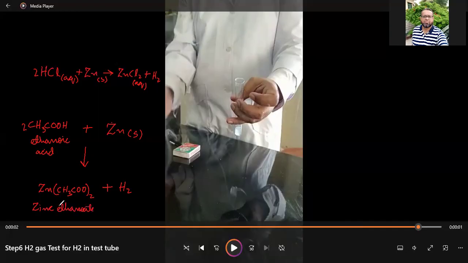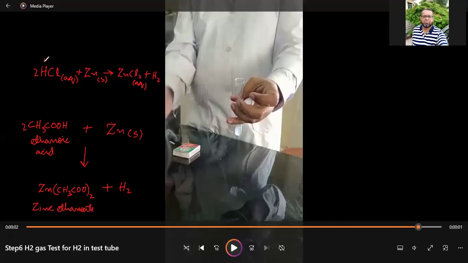So actually what I wanted to tell you is that whatever the acid is and whatever the metal is, it should be above hydrogen in the electrochemical series. Then it can react and produce hydrogen gas and form its respective salt. And another thing, this is a type of redox reaction because hydrogen is reduced to hydrogen gas.